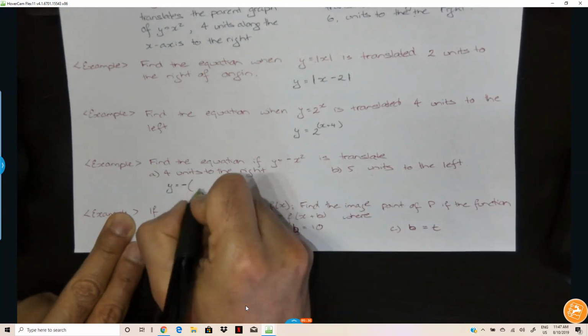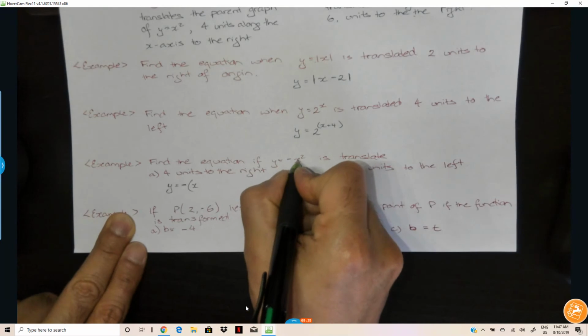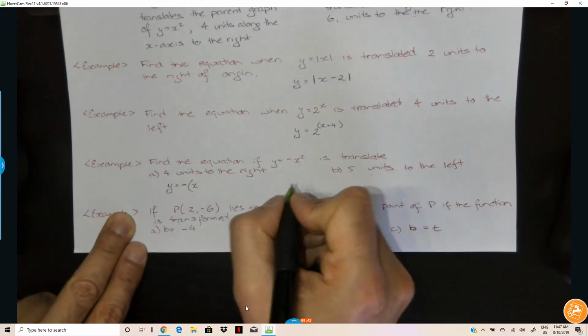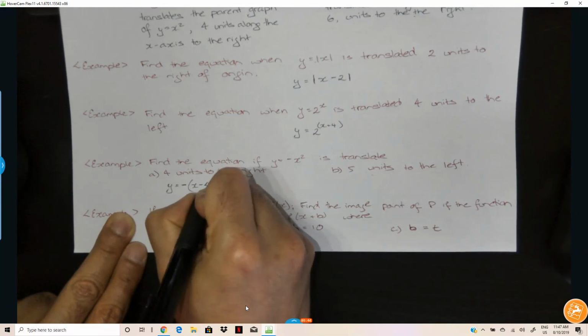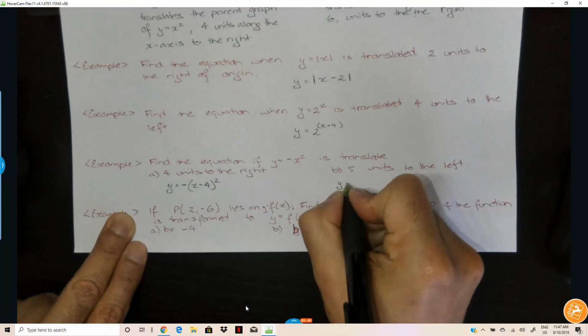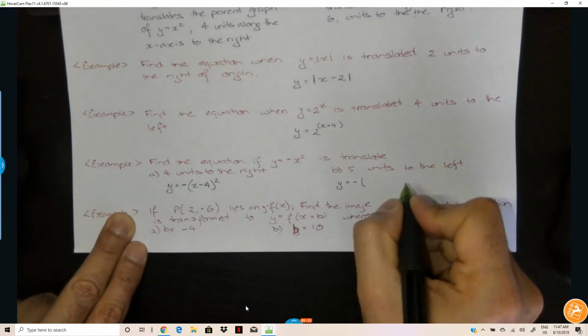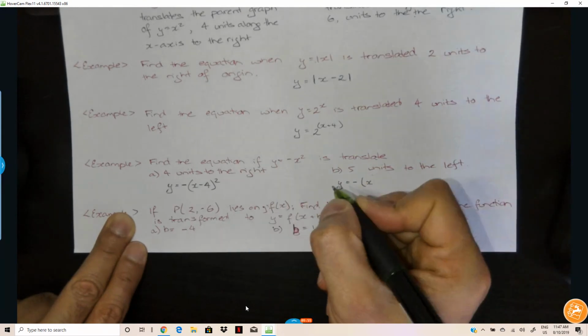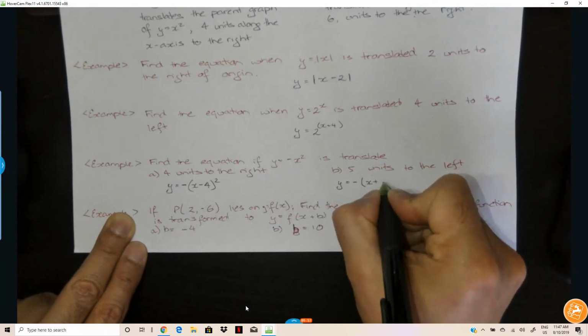I want to move my x function 4 units to the right. So I'm going to subtract 4 from x, and I'm going to square it. For this one, keep the negative on the outside, I'm going to translate it 5 units to the left. So I'm going to add 5.